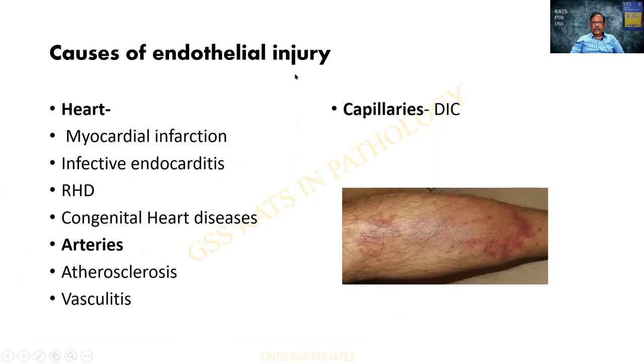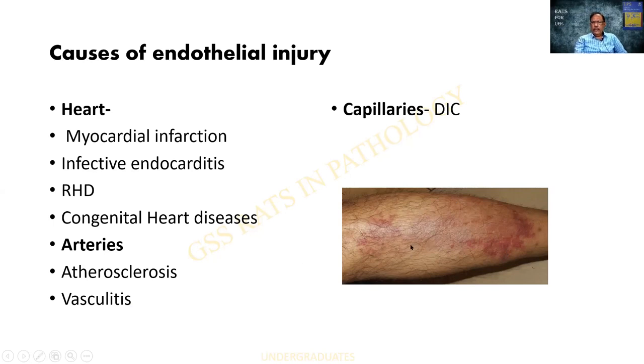Coming to the causes of endothelial injury: in the heart, myocardial infarction, infective endocarditis, rheumatic heart disease, congenital heart diseases. Arteries: atherosclerosis and vasculitis. Capillaries: in an earlier picture, I had mentioned disseminated intravascular coagulation. And this is a case of disseminated intravascular coagulation.